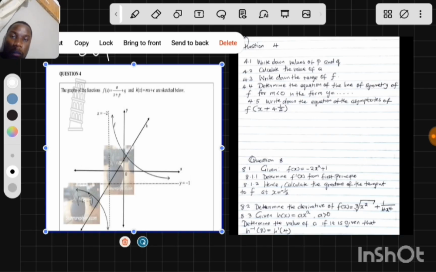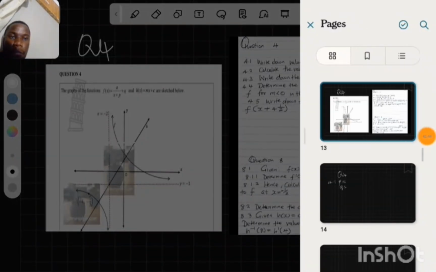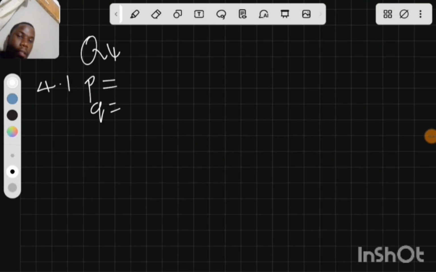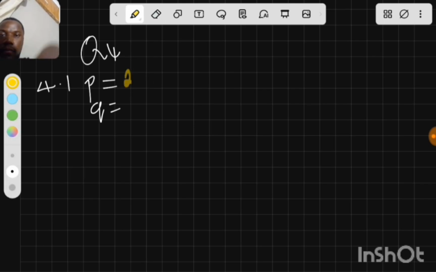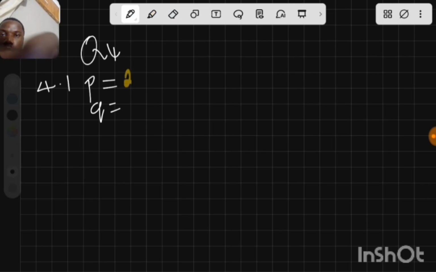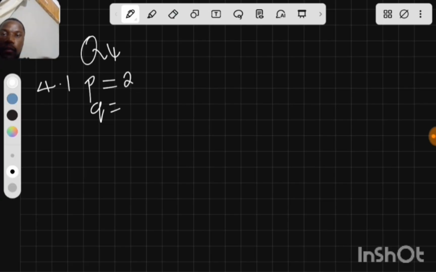But remember, we want the original P, which is positive 2. So our P is positive 2, while our Q is minus 1. I hope you understand.